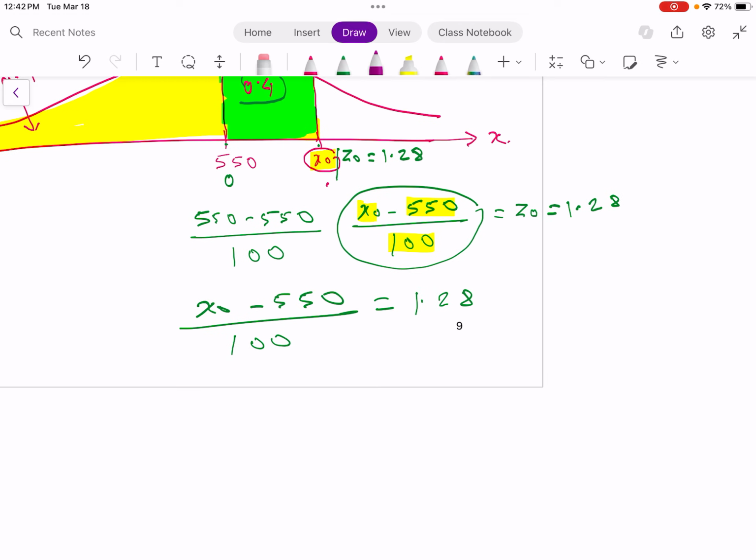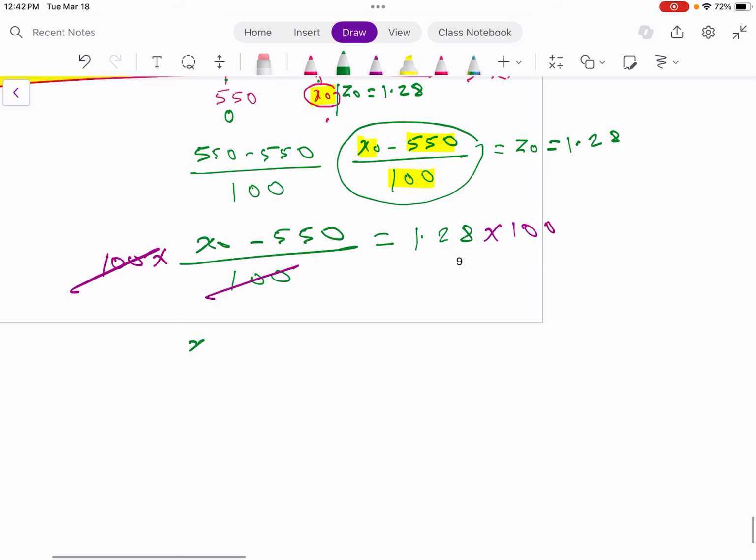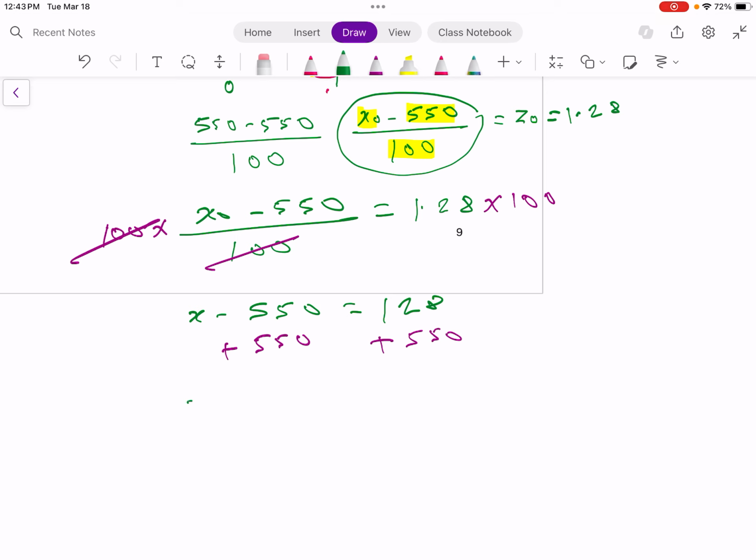We have this equation, so let's multiply both sides by 100. This 100 cancels. We have x naught minus 550 equals 128. We add 550 on both sides, and this is gone, x naught equals 678.